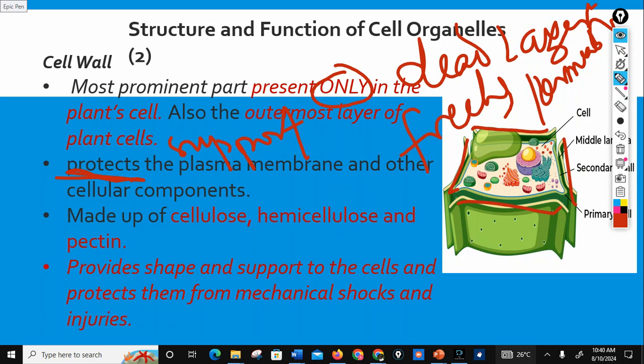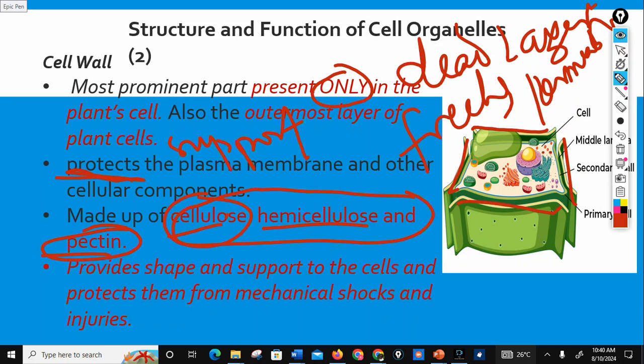In animal cells, I earlier said the cell membrane comes first, but in the plant cell, the cell wall comes first. Now it is made up of cellulose, hemicellulose, and pectin. This is very important for you to note. All of these are sugars, very long molecules of sugar.